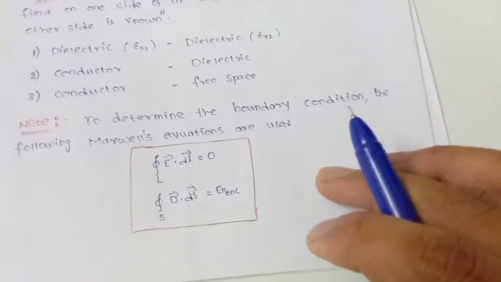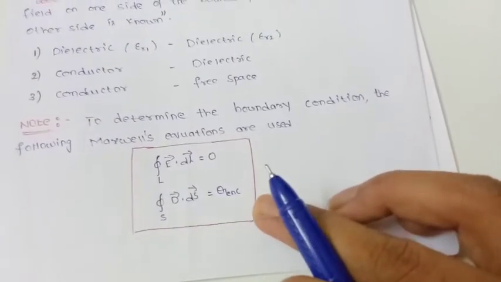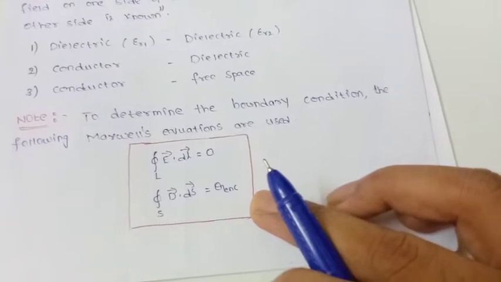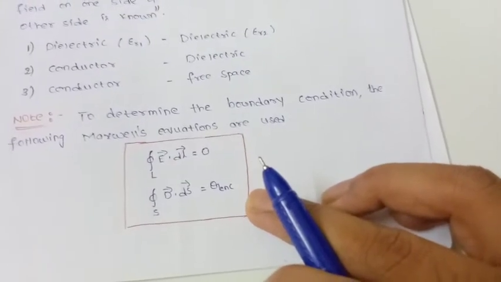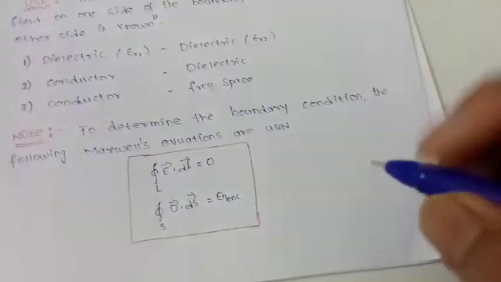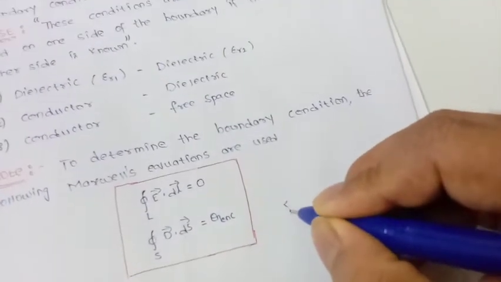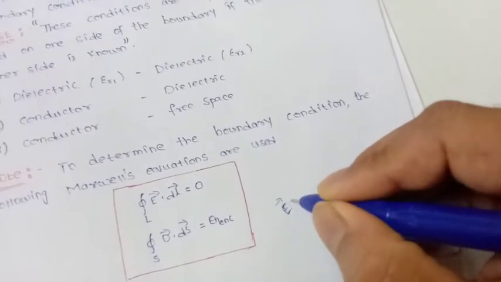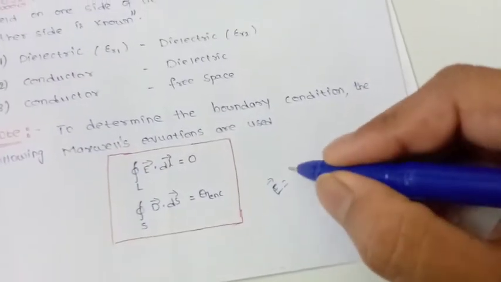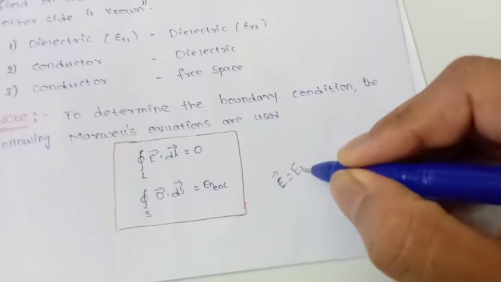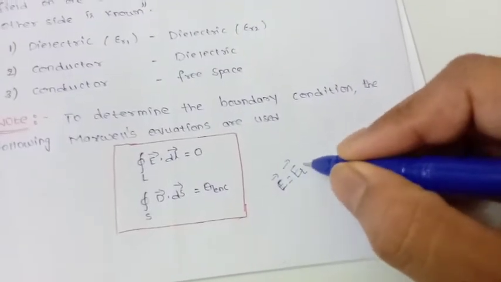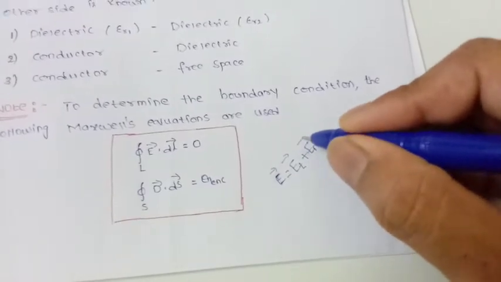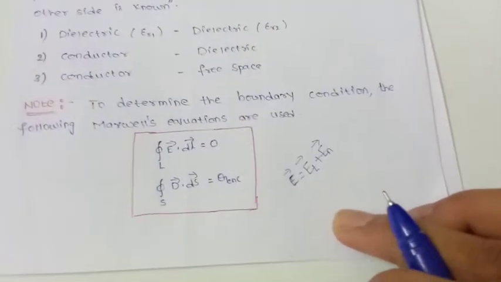This is the first step while determining the boundary conditions. The second step is you have to split your electric field into two components: one is the tangential component, another one is the normal component.